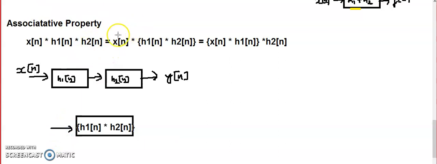This is your xn and that will be your yn, like this. यानी कि whenever two systems are connected in cascade, two LTI systems are connected in cascade, they can be combined to form a single system whose impulse response is convolution of impulse responses of individual systems. ठीक है?